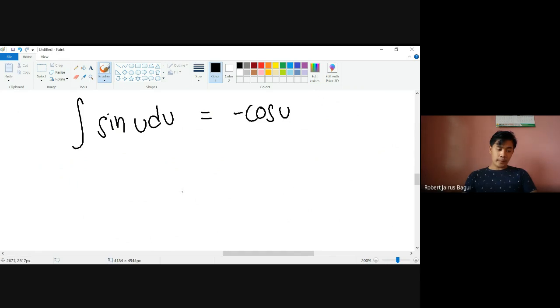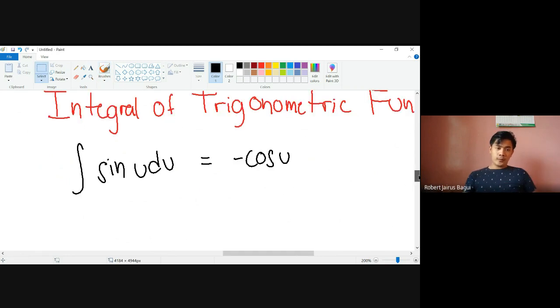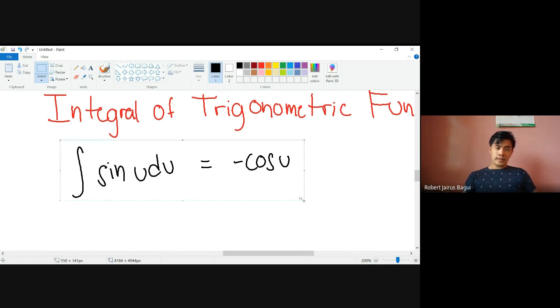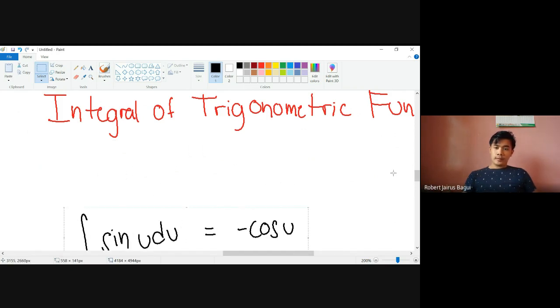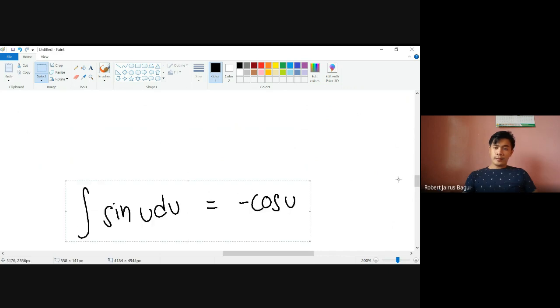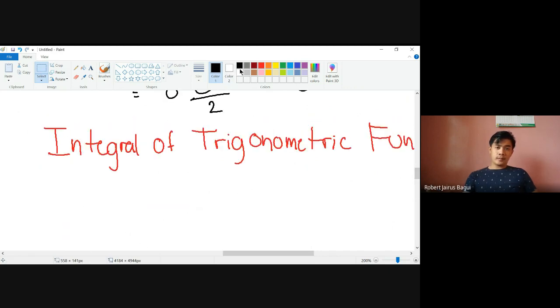For example, unahin ko muna pala yung second example. Mamaya natin ito pag-usapan. Unahin muna natin since parang nabaliktad.